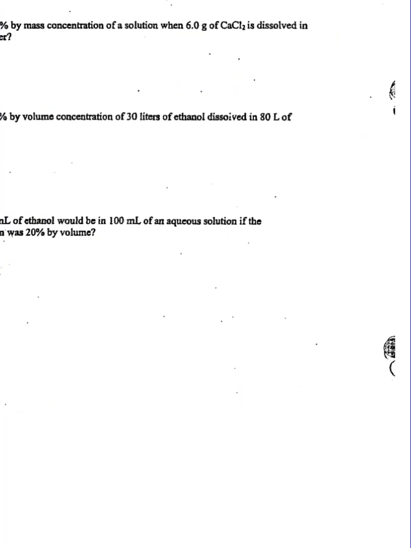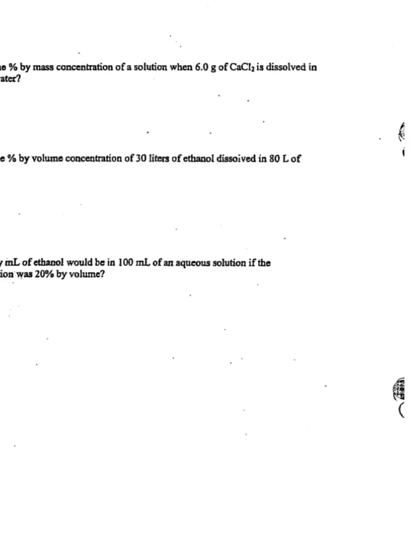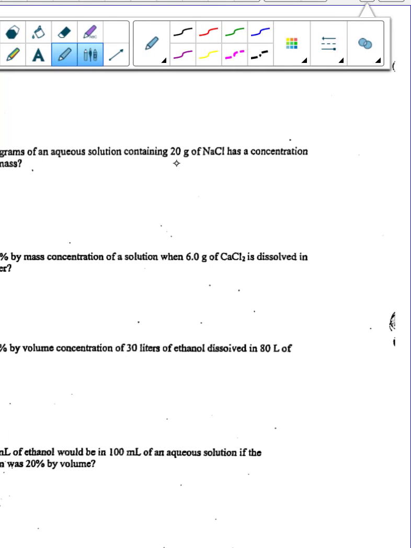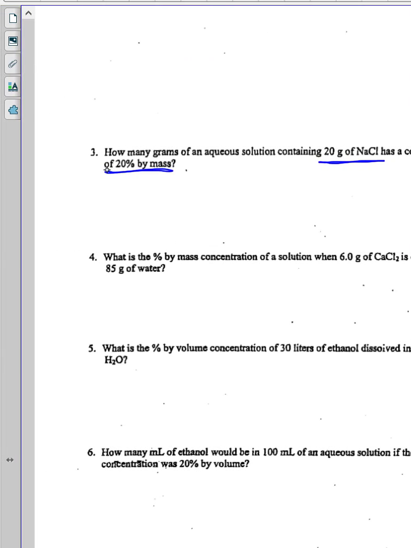Okay, moving on to our next problem. How many grams of an aqueous solution containing 20 grams of sodium chloride has a concentration of 20% by mass? So we are trying to figure out our missing mass. So our 20 grams would go on the top over X times 100, okay? And that means that we are going to cross multiply to solve this.